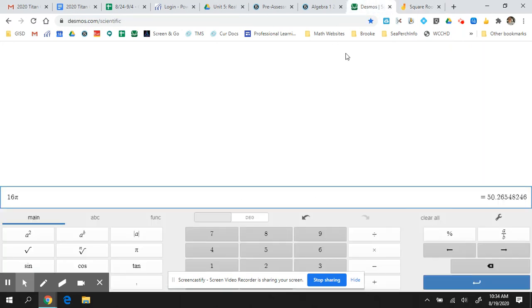So we would actually find out what the square root of 38 is, and it gives us 6.16.